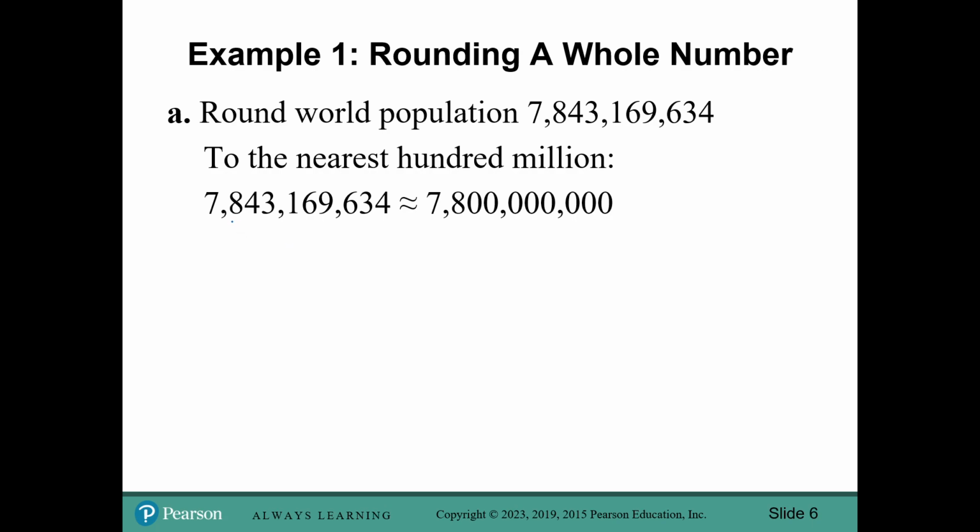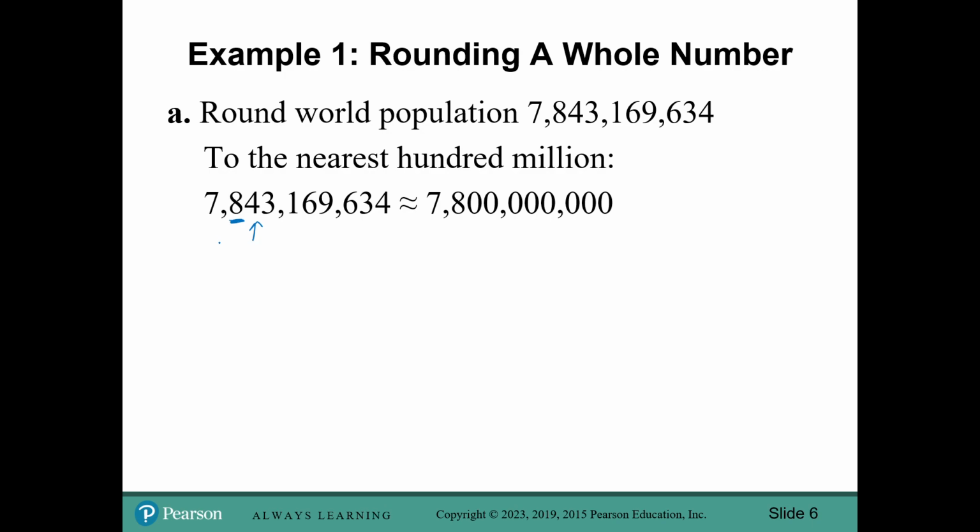The 8 place is the place that we want to round to. In order to round to this location, we must look at the number after the 8. In this case, it is a 4. Because that 4 is less than 5, it tells us that this 8 does not need to be changed.